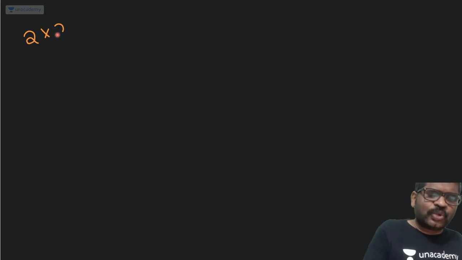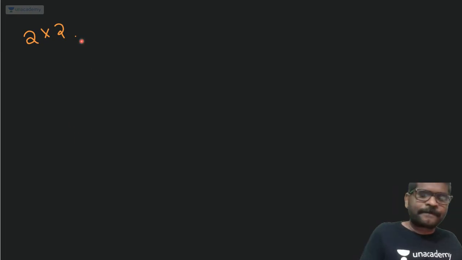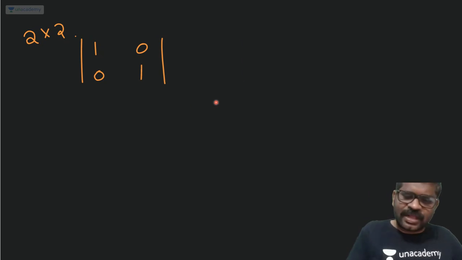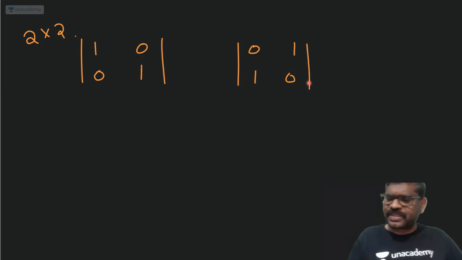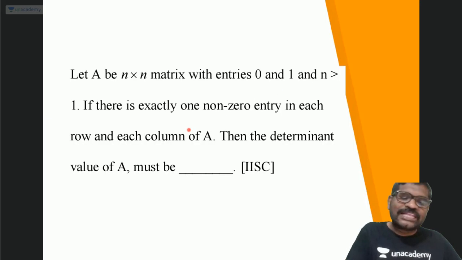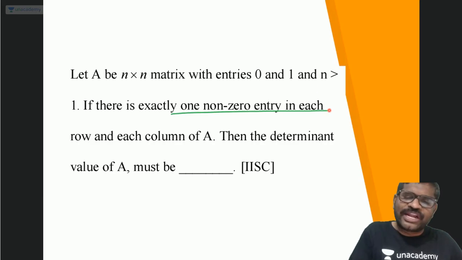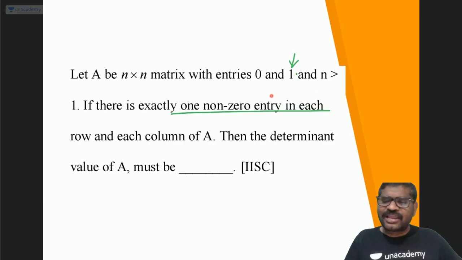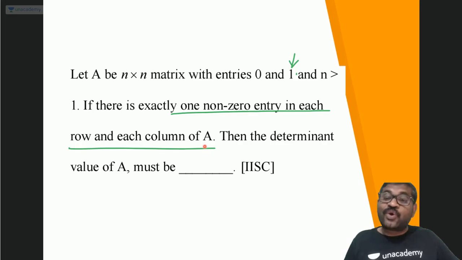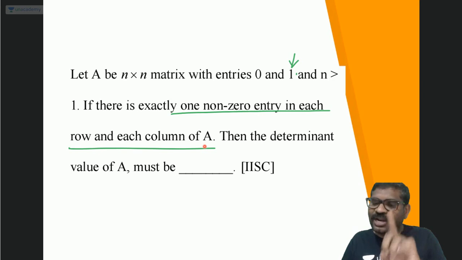Suppose you take a 2 cross 2 matrix, 1 0 0 1, or you can generate 0 1 1 0. Exactly one non-zero entry. What is your non-zero entry? One only. In each row and each column of A, every row consists of only one non-zero entry, each column consists of only one non-zero entry.